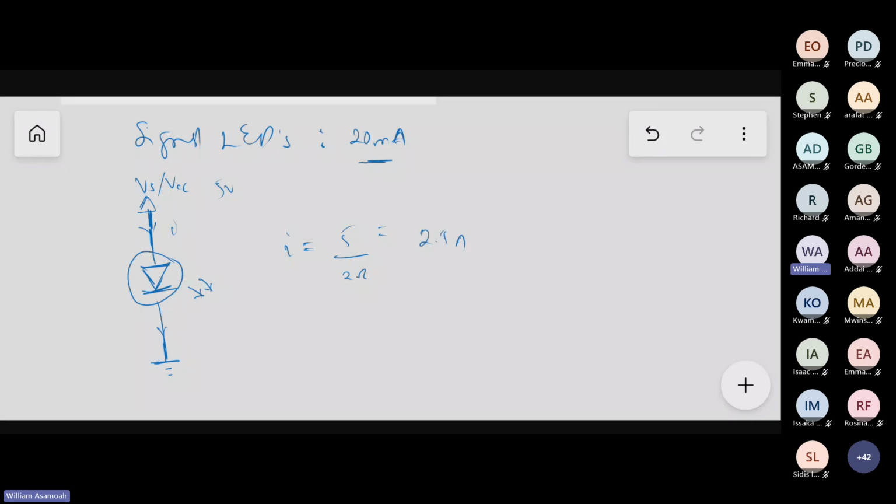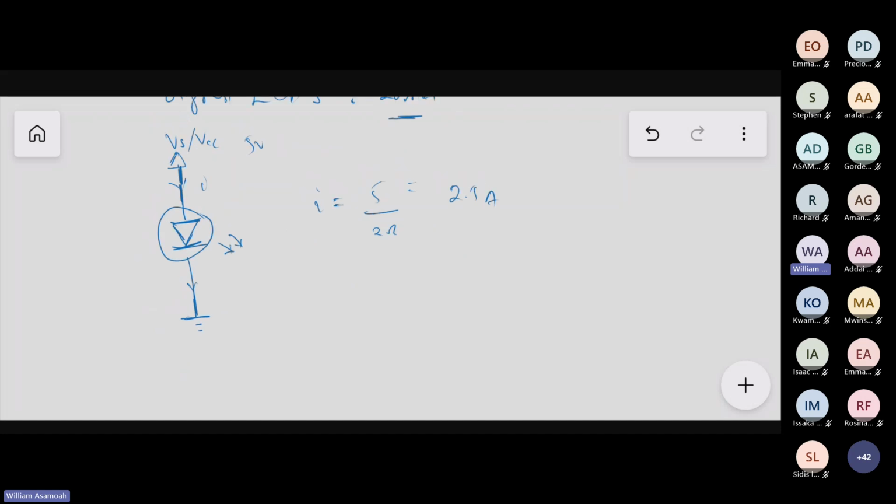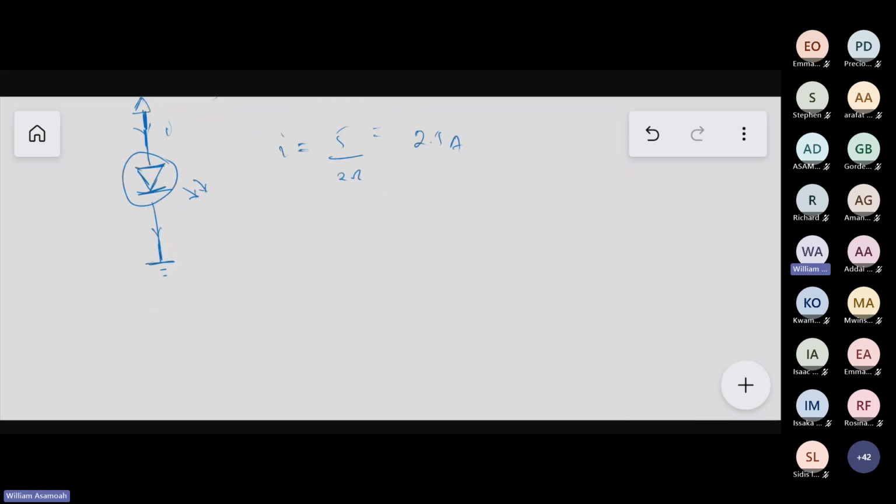So what happens to the LED? It will be bright for some short time, then it burns out. It won't work again. In fact, when you get home, you can try it. Connect it to the 5 volts and you'll see it will be on for a short time, then it burns out. So for us to use an LED, we have to use a current limiter.